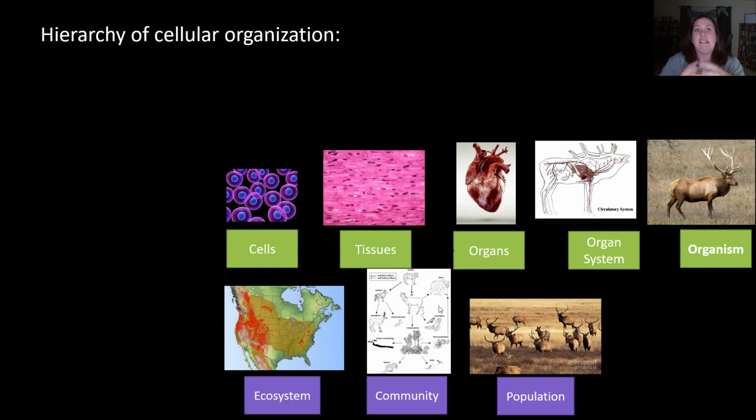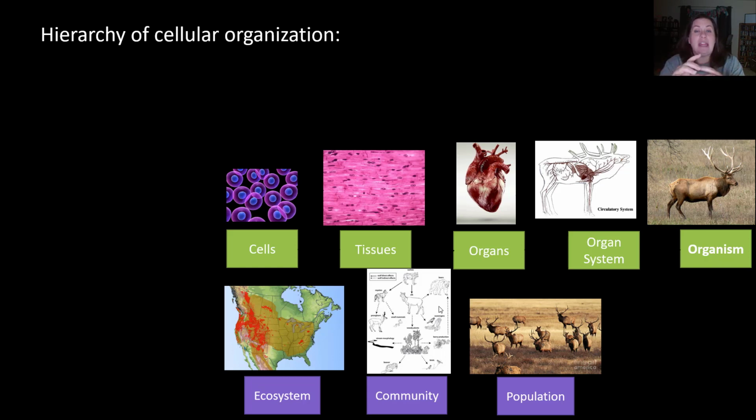The next thing we see is the ecosystem. Now, the ecosystem takes it a step further. At the community level, we're only looking at the living things. At the ecosystem level, we're looking at the living and non-living things. So not only are we looking at all the animals, all the organisms, all the plants that are in a community, we're also looking in the ecosystem at the weather patterns, the rainfall, the type of soil that's around.